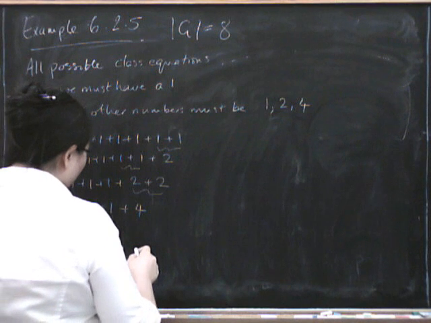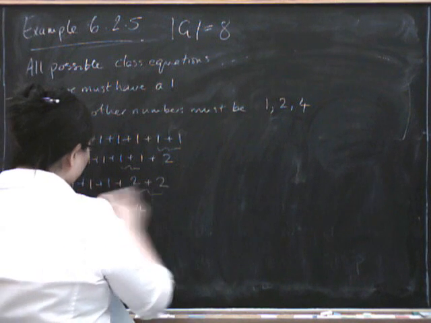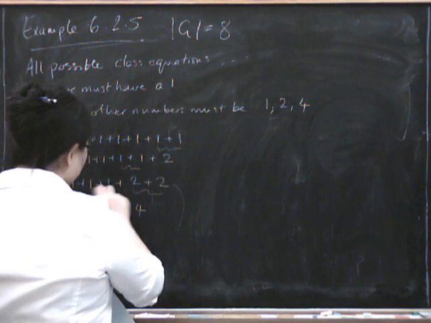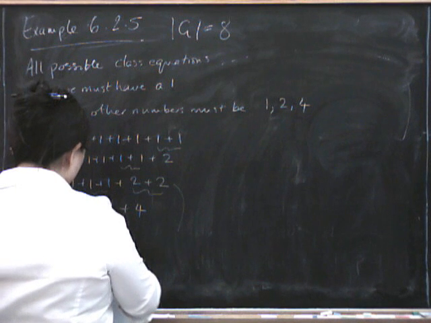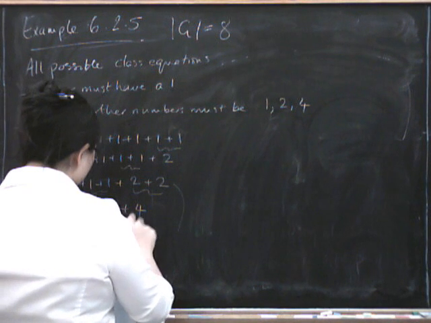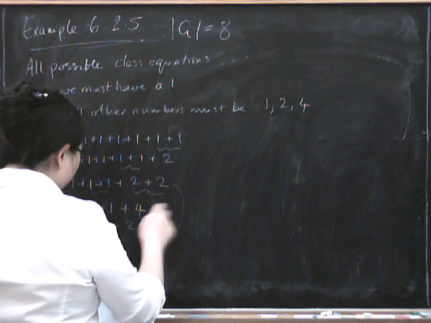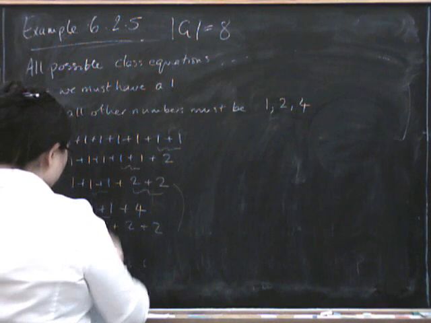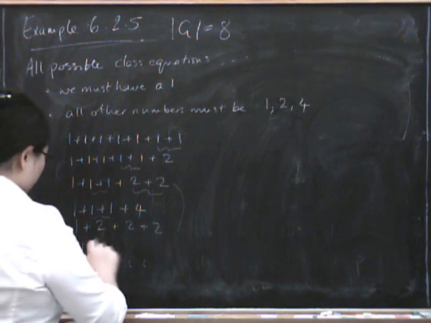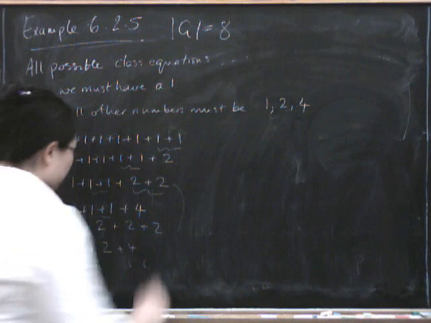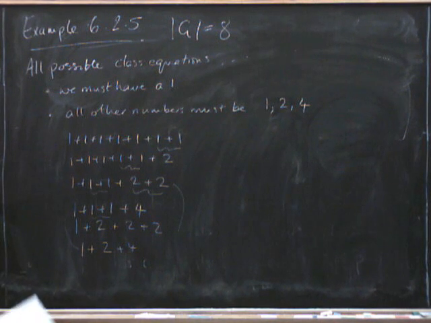Now what could we do? Well, we could have gone from here and instead turned these two into a 2. So we get 1 plus 2 plus 2 plus 2. And we could also have gone from here and turned these two into a 2. So we get 1 plus 2 plus 4.